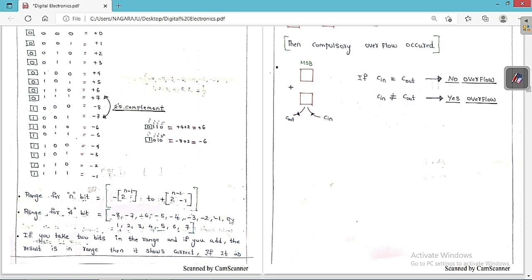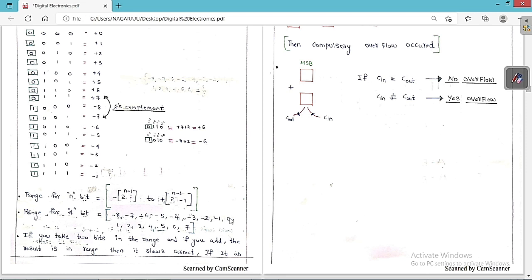I already told you for unsigned representation the range is from 0 to 2 to the power of n minus 1. Whereas for sign magnitude, we are going to get the representation from minus 2 to the power of n minus 1, minus 1, to plus 2 to the power of n minus 1, minus 1. For 1's complement it is also the same. Whereas for 2's complement representation, the range is from minus 2 to the power of n minus 1 to plus 2 to the power of n minus 1, minus 1.